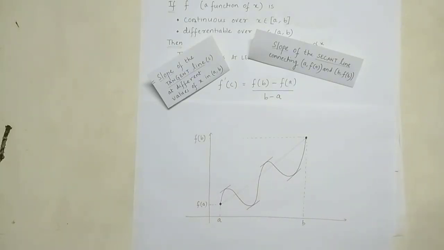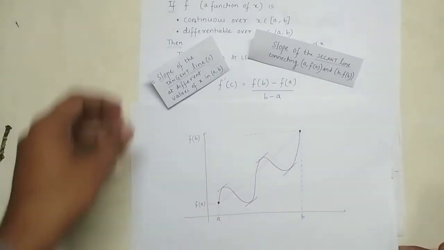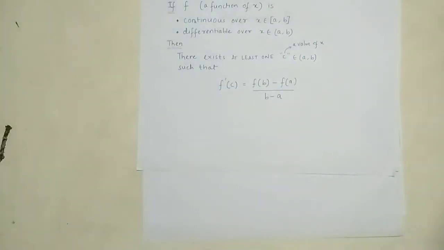The second aspect of understanding the mean value theorem is in terms of the average rates and instantaneous rates.